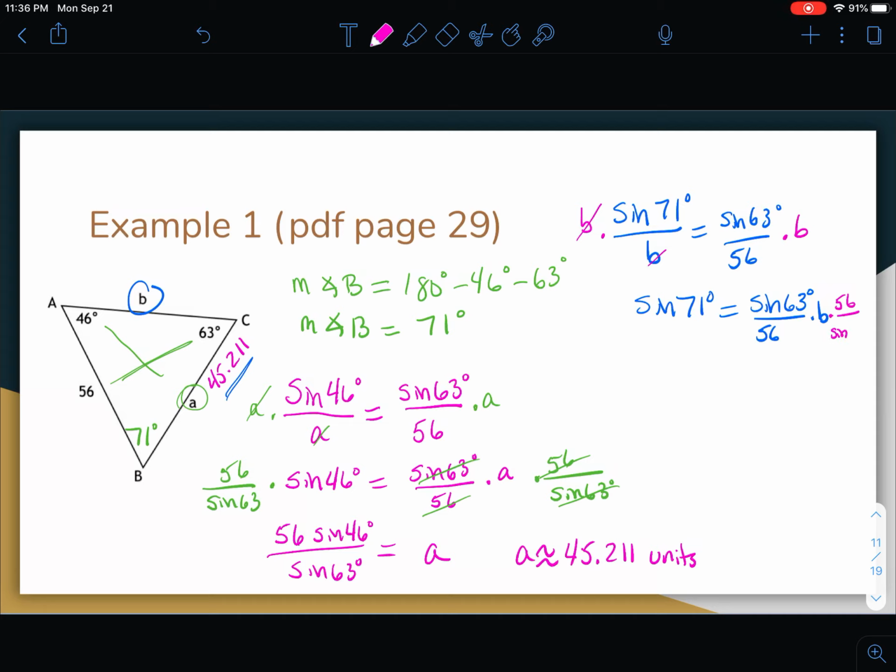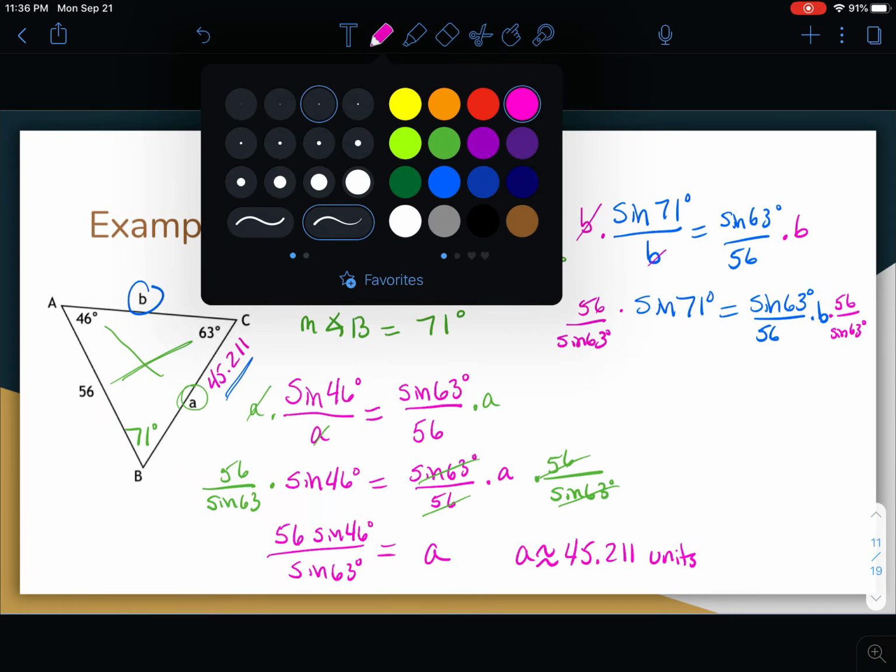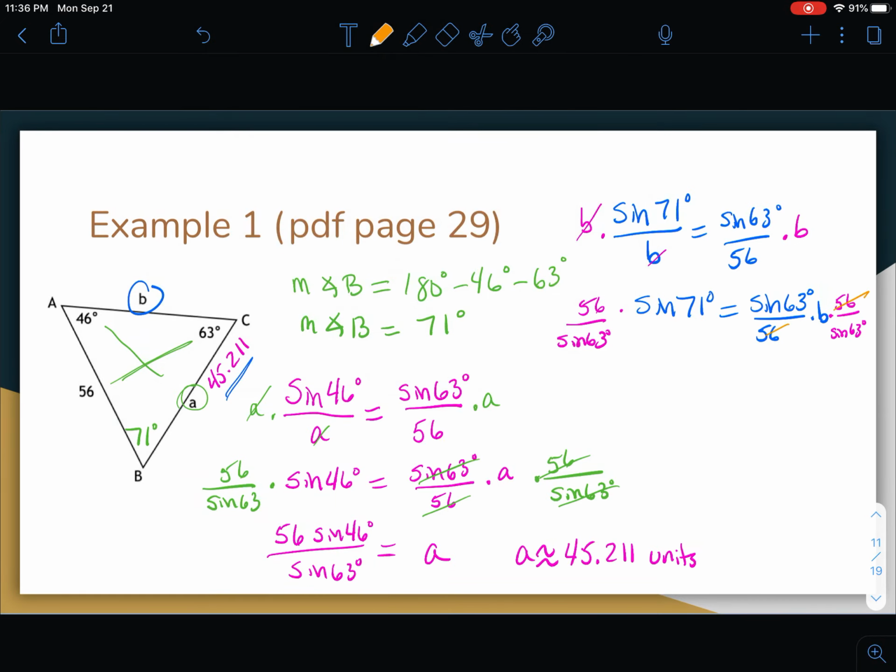So 56 over sine of 63 degrees times 56 over sine of 63 degrees. From here, we're able to do some canceling. So the 56 and the 56, sine of 63, sine of 63, and finally B is alone. So B equals 56 times sine of 71 degrees over sine of 63 degrees.